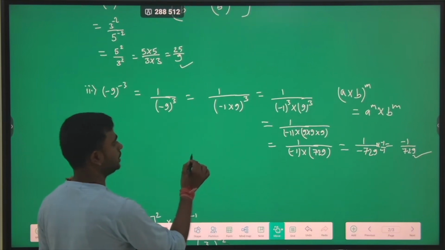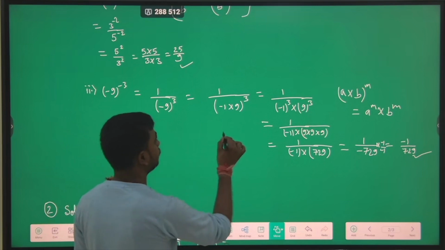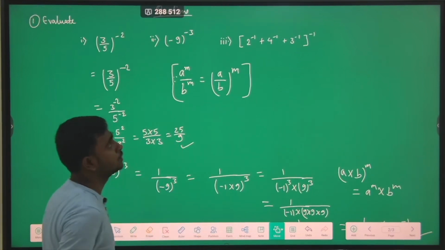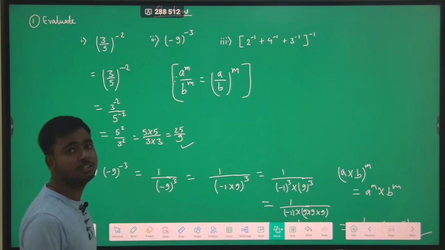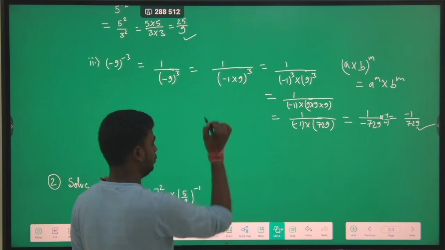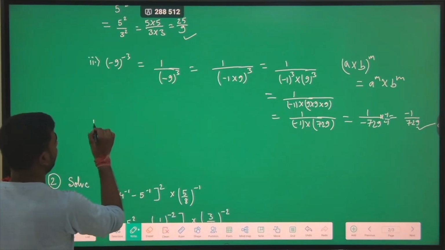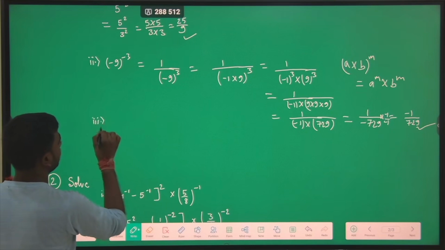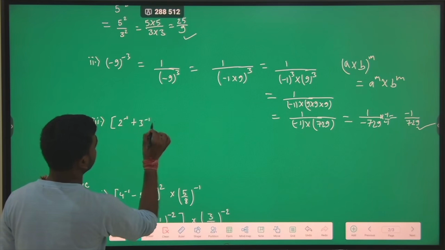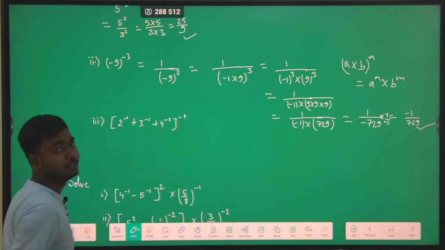The third question is, we have to find the value of 2 inverse plus 3 inverse plus 4 inverse to the whole inverse.